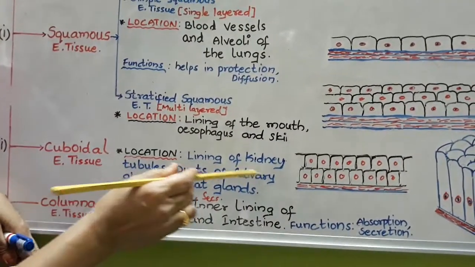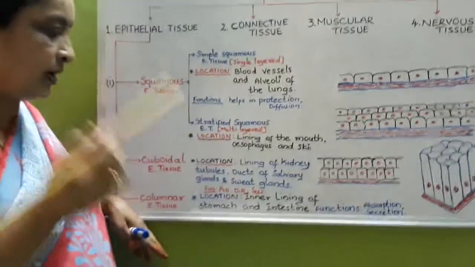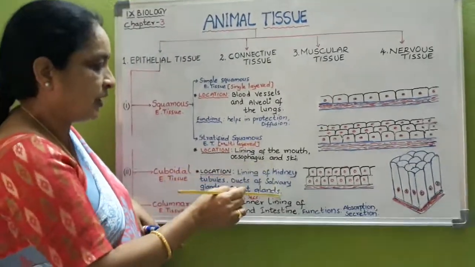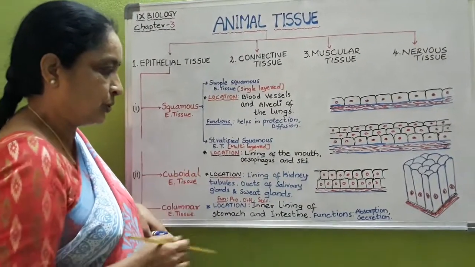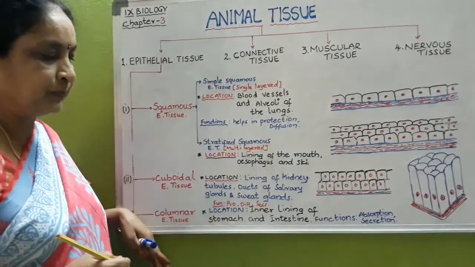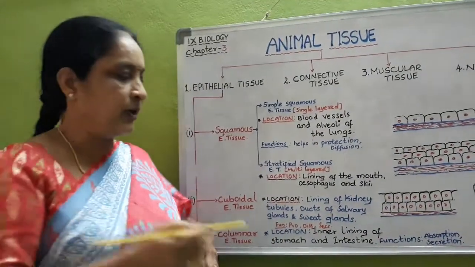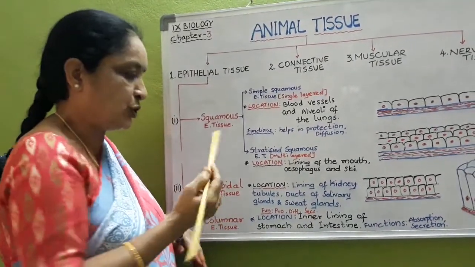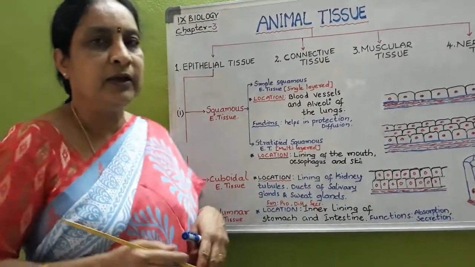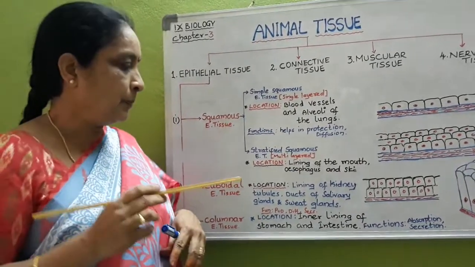And the ducts of salivary glands secrete saliva, so this secretion is also helped by cuboidal tissue. In tear glands, sweat glands and salivary glands, this cuboidal tissue is there, and it helps in secretion and also protection of the organs or parts.